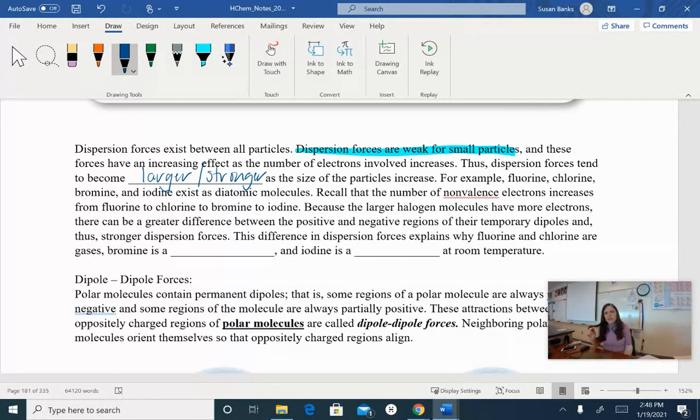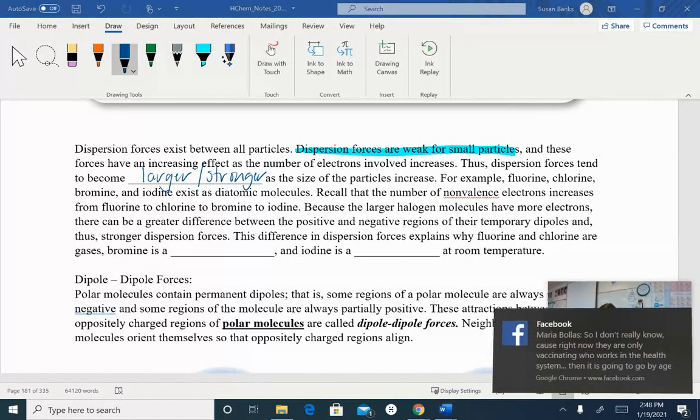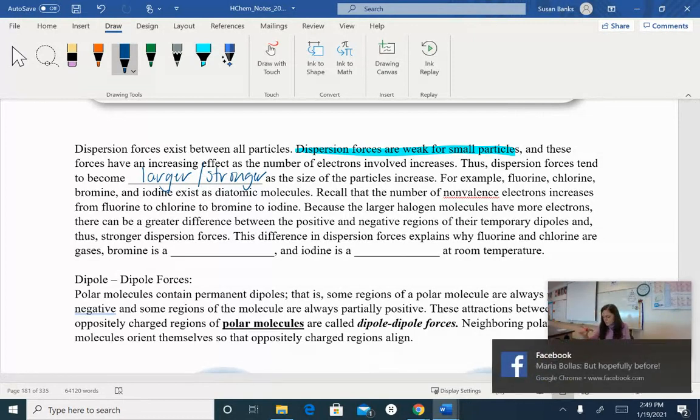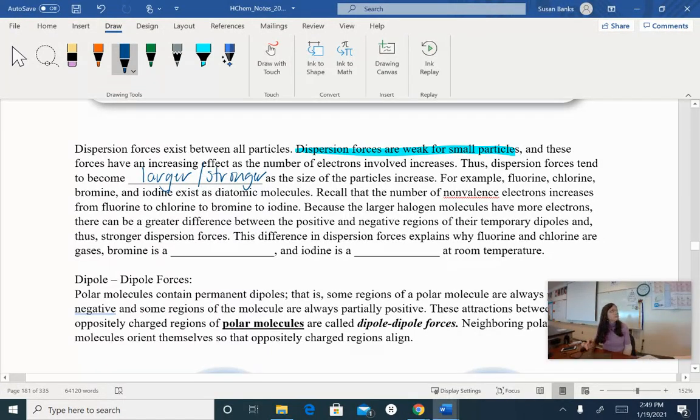For example, if I look at the halogens, we have fluorine, chlorine, bromine, iodine, and astatine, okay? Fluorine, chlorine, bromine, iodine exist as diatomic molecules. These are part of our Brinkelhoff. Because the larger halogen molecules have more electrons, they have more dispersion forces at play, okay?